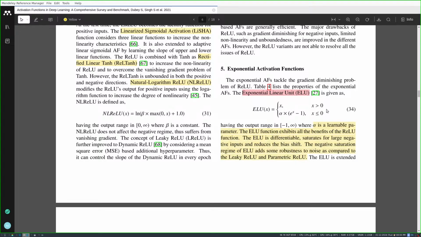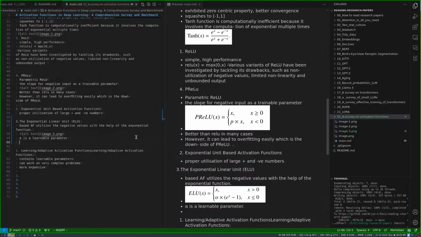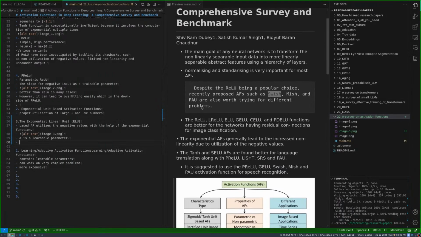ELU is x for x greater than 0, with a learnable parameter in this. Okay. Scaled ELU, SELU. Is that the important one?